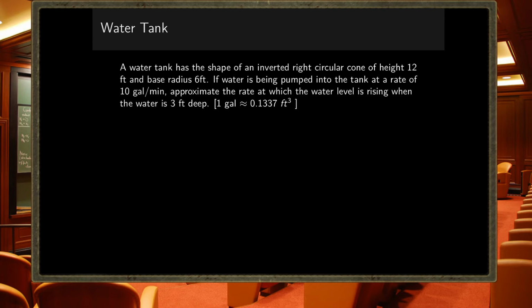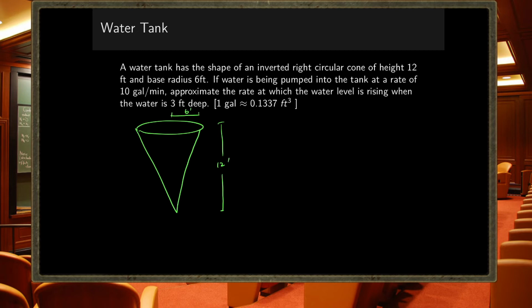So a conical tank, used a lot in making wine and fermenting beer, things like that. Let's draw out a cone. We know that this has a height of 12 and a radius of 6 feet.